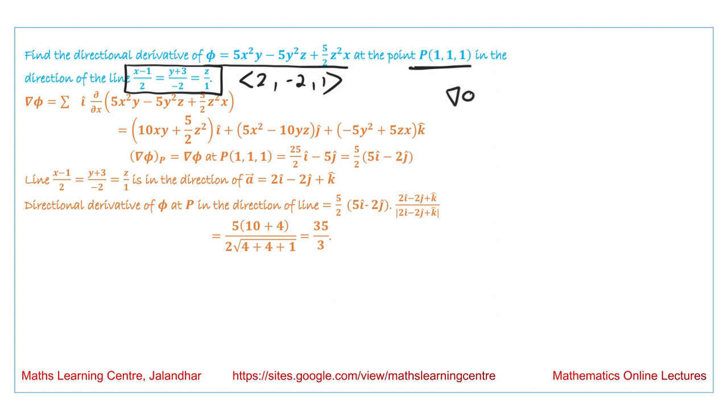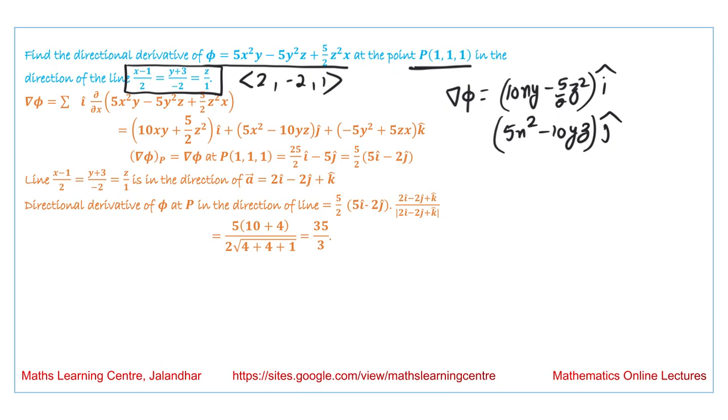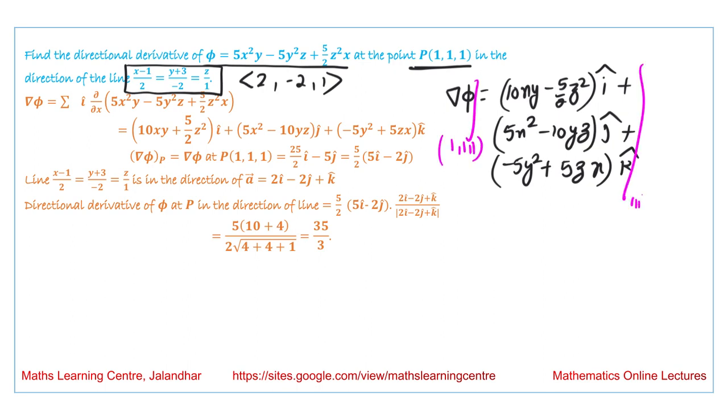So if we calculate the gradient of phi, the answer is 10xy minus 5 by 2 z square i cap, then 5x square minus 10yz j cap, and then with respect to z it is minus 5y square plus 5zx times k cap. Now we substitute the values. We have to calculate this gradient at the point 1, 1, 1.